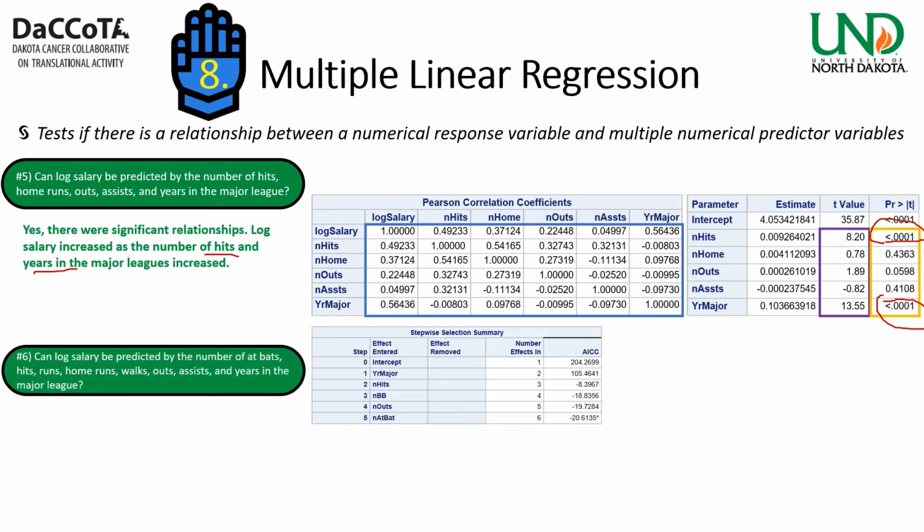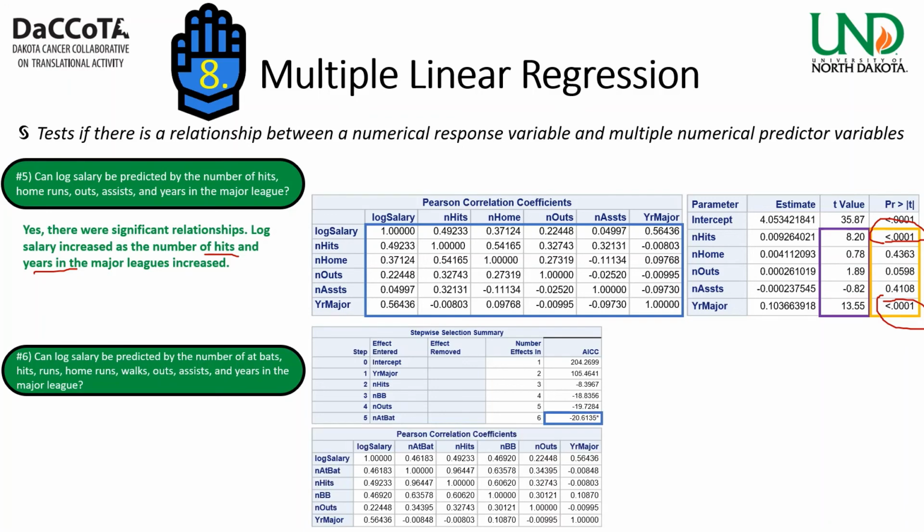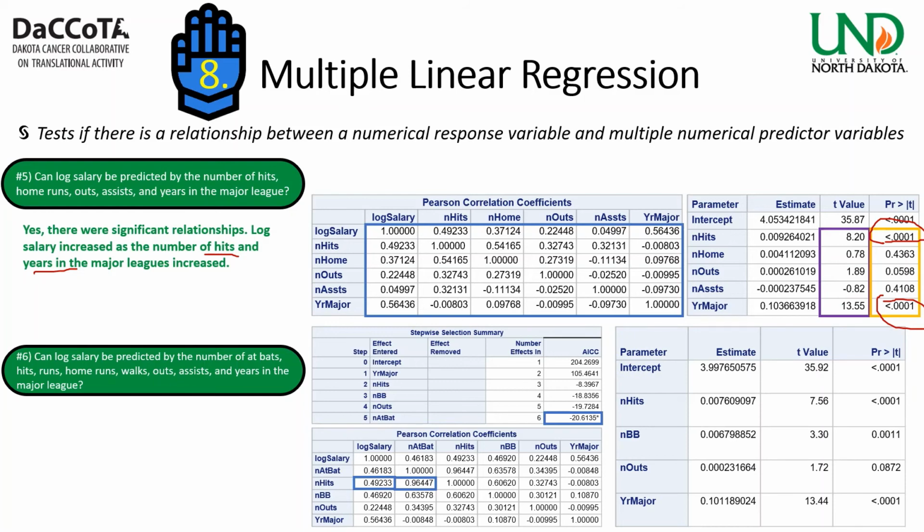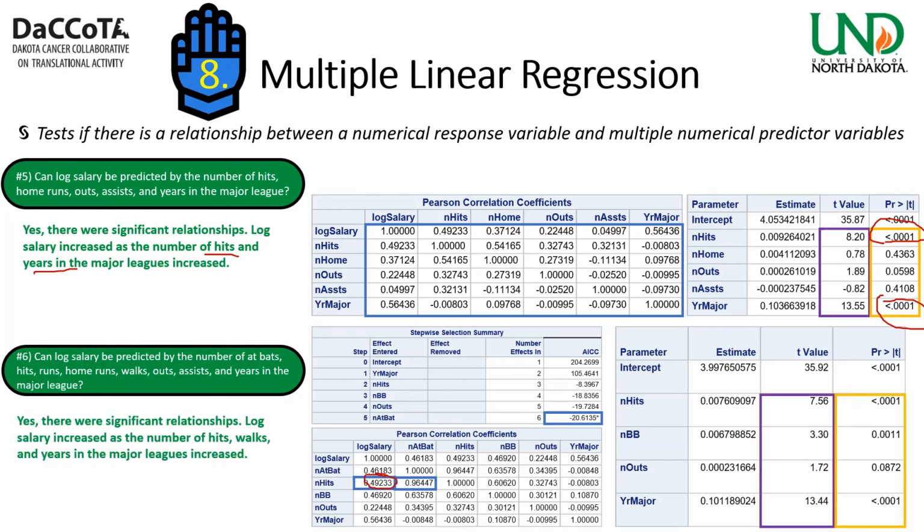Okay, finally, let's look at the same sort of thing with log salary, but even more variables. We'll do some model selection, stop here, do some of these Pearson correlation coefficients. It turns out the number of hits and number of at-bats were highly correlated, so we'll just keep number of hits. And again, we find that there were some significant: number of hits, walks, that's NBB, and years in the major leagues.